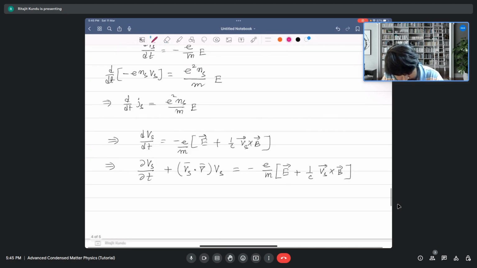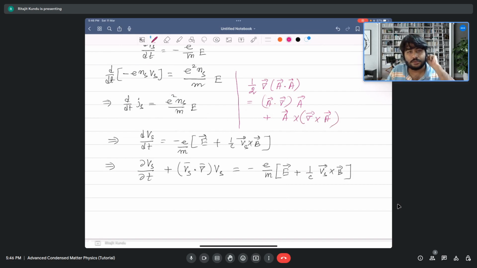If we have half grad of a dot a, that is, a mod squared, then this gives us a dot grad acting on a, plus a cross curl of a. We can use this formula and substitute it with the rest of the terms, and that is what I am going to do now.